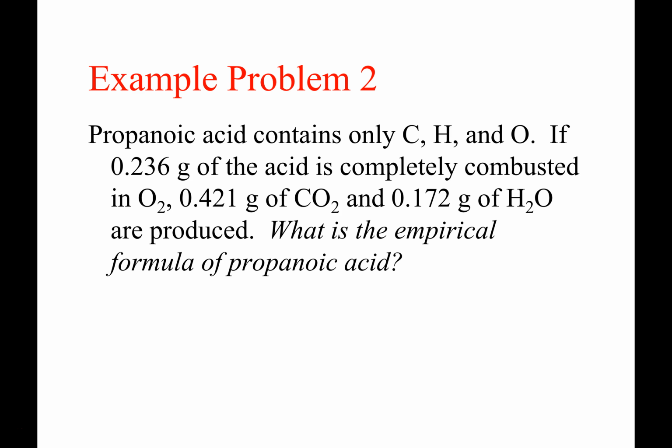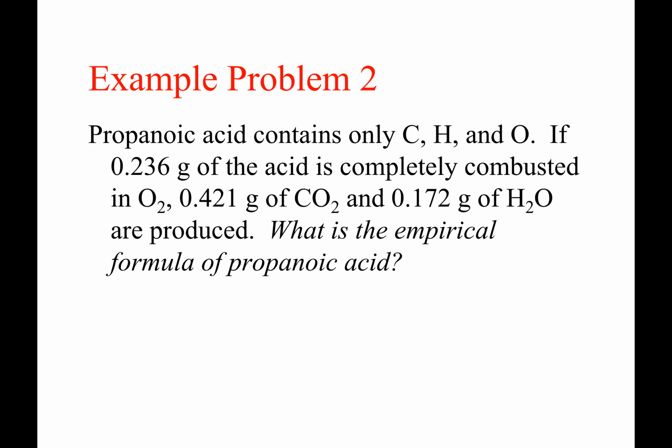So this is a classic. They give us the mass of the thing they're burning. Here's my little pile of solid CHO material, and it's 0.236 grams. And then they give us the mass of the CO2, 0.421 grams.